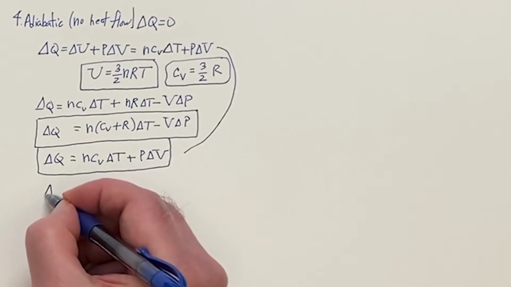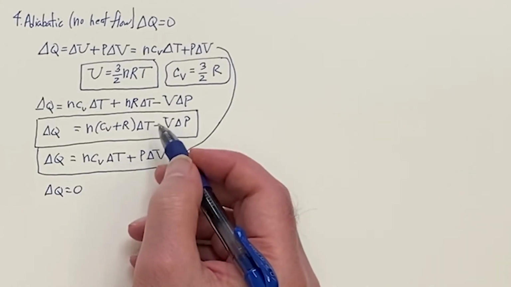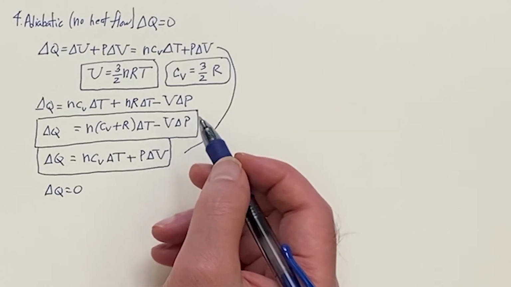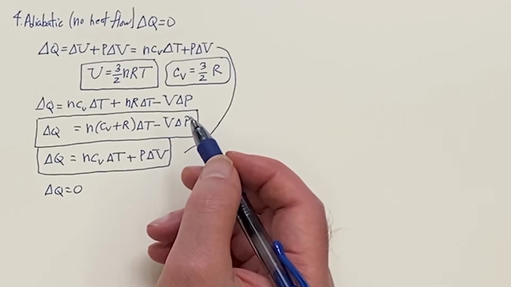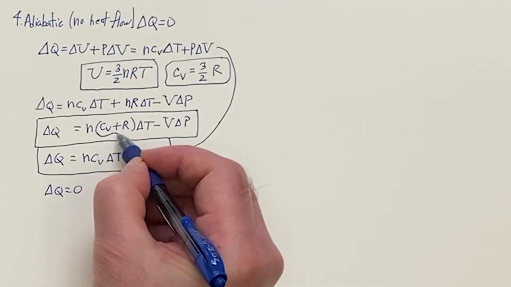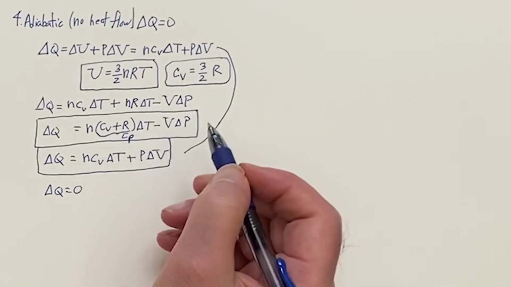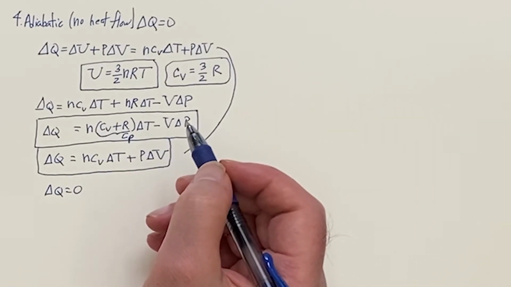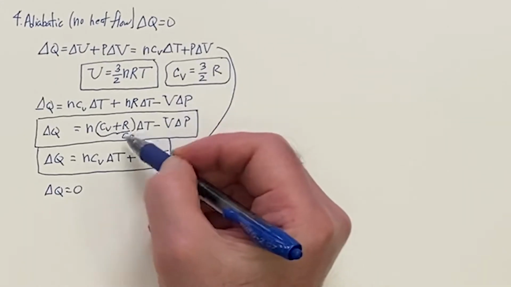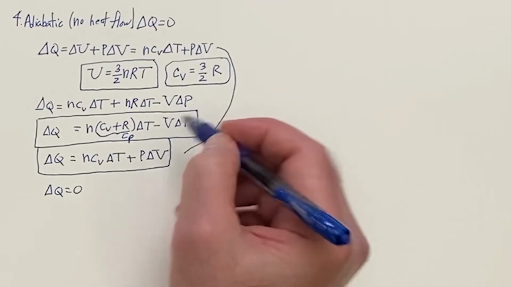And since delta Q equals 0, I can set these equations to be equal to each other. And I would like to remember when you add these together, that was the C with the little p. That was the specific heat at constant pressure, which was the 5 halves R. This is 3 halves R, and then when you add, you write the 5 halves R. So that makes the equation a little easier for me to write down.